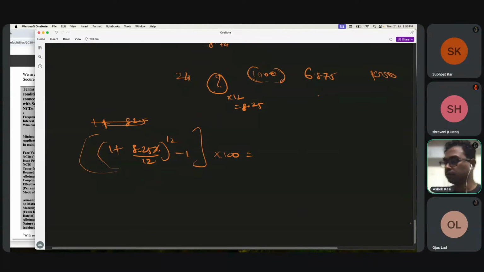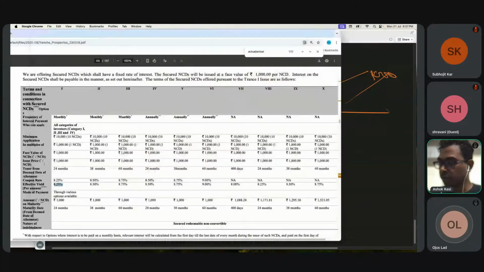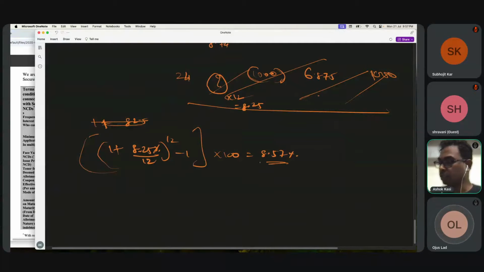Calculate this one. It is 8.57 percentage. This is the effective yield. This way we should do effective yield. So effectively you are getting 8.57 actually.